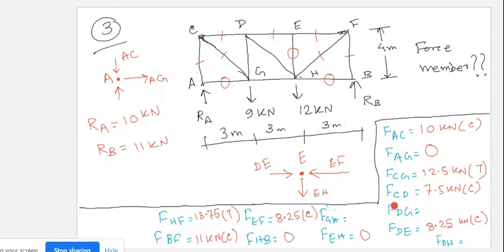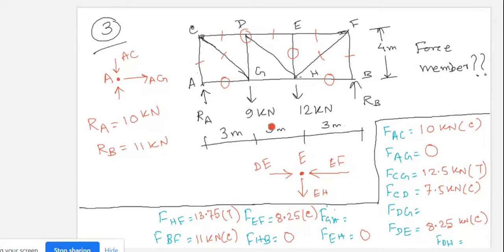What will be DG? It's 0.3125 kilonewton. FDH 0.3. Why are the values suddenly getting wrong? Other values are not possible.